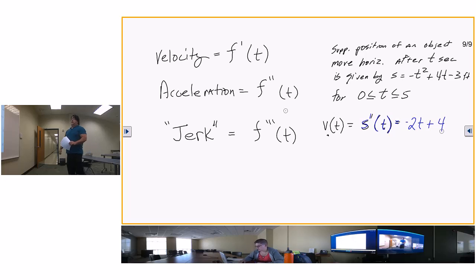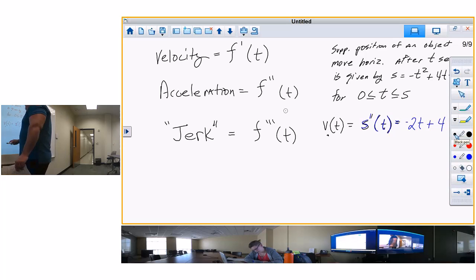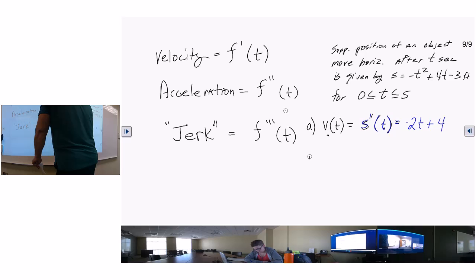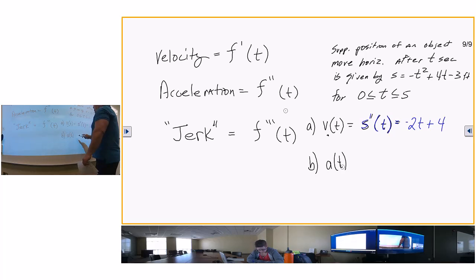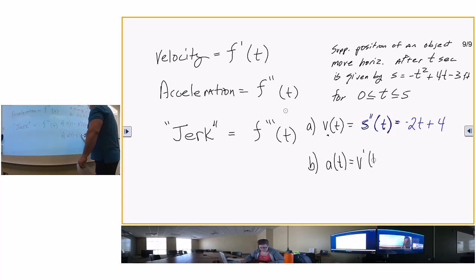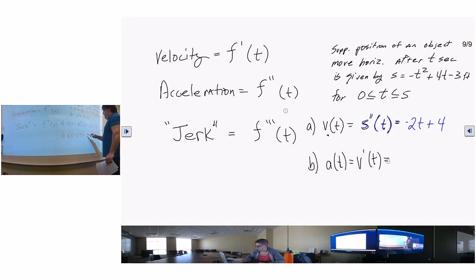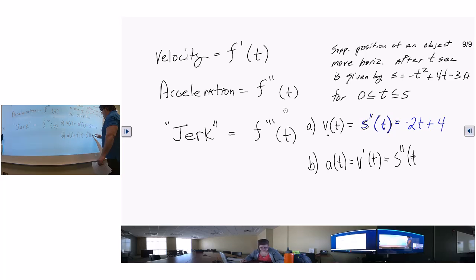Okay? So what if I want to find the acceleration? Well, the acceleration is going to be a of t, which is the derivative of v of t, which means it's the second derivative of s of t. Does everybody understand that?